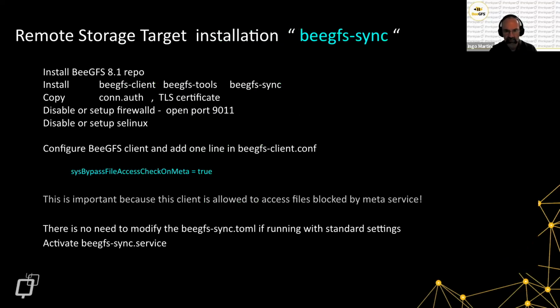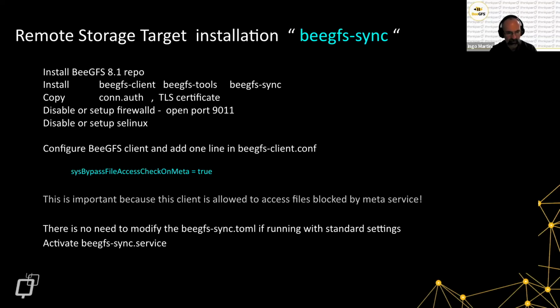Installing the BeeGFS sync service is quite easy. You install the BeeGFS repo, then you install the BeeGFS client, if not already done, the BeeGFS tools to get the BeeGFS command line tool, and the BeeGFS sync service on the system. Then we need the conf-out and the TLS certificate that we also use for the BeeGFS command line tool to communicate with the management server and/or the BeeGFS remote service. This must be installed here on the sync.